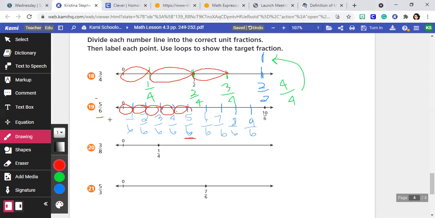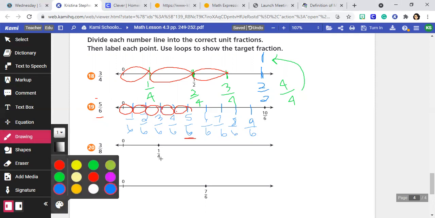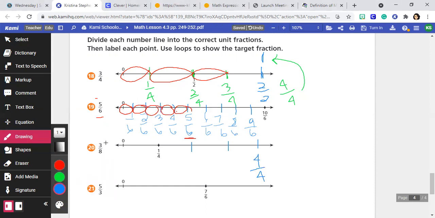Okay. Number 20 is another one that's asking us to have 2 different denominators. Well, I know if this is 1/4, the next one is going to be 2/4, and then 3/4, and then 4/4 here. But that's not what they're asking us to target. They're asking us to target eighths.